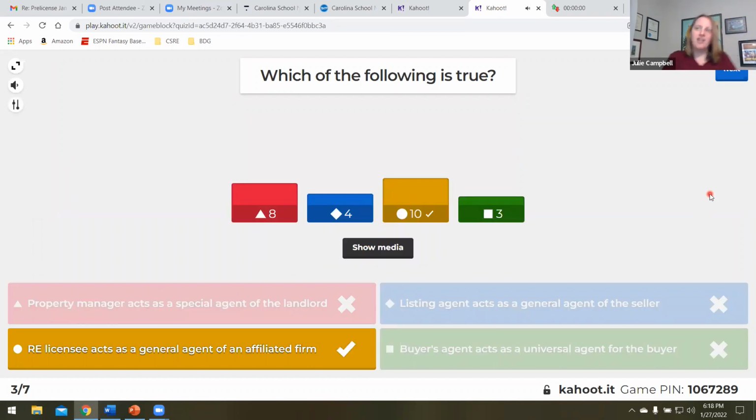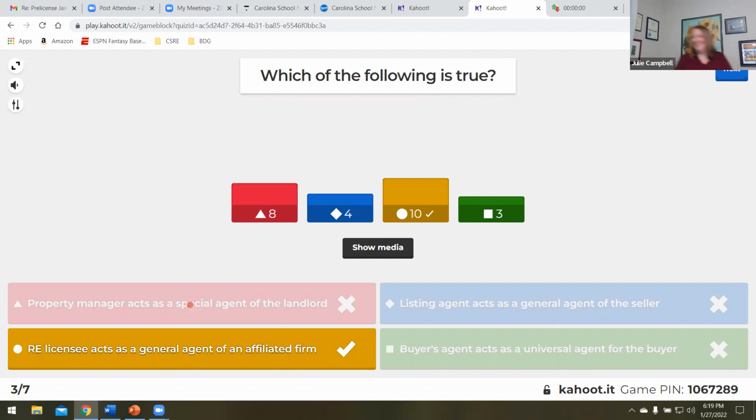Your relationship with your firm is that of a general agent. The relationship that the broker has with the firm is that of a general agent. Why? Because you have some decision-making ability. You have some power to make a decision. The property manager and the owner's relationship is also that of a general agent because there is some ability to make decisions. Let's look at page 149.